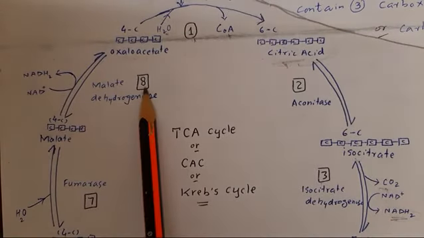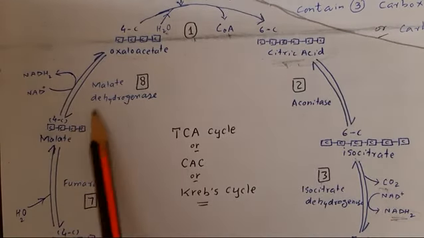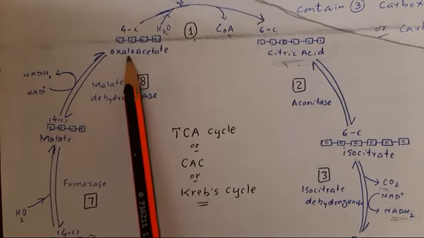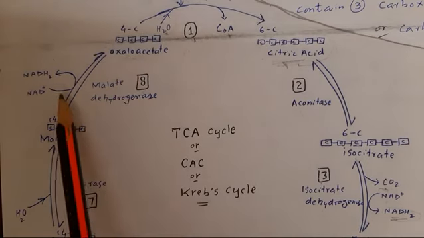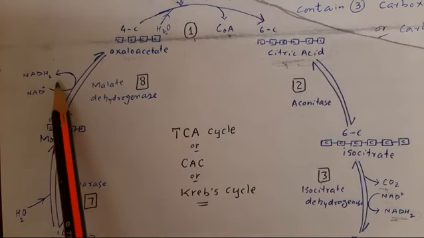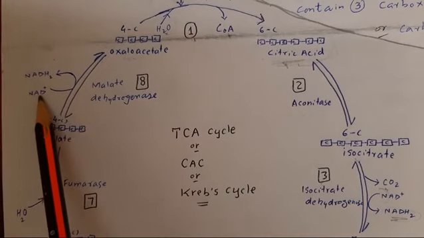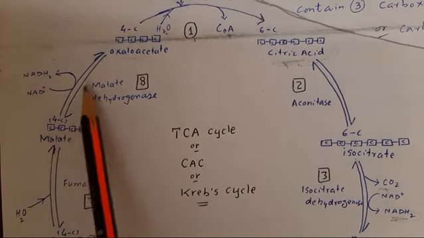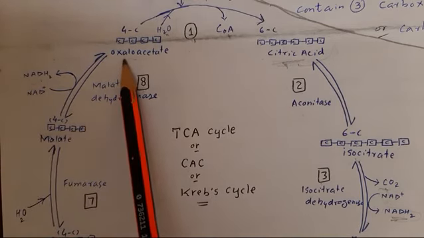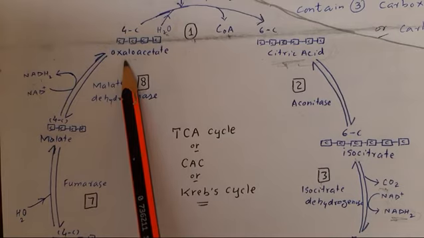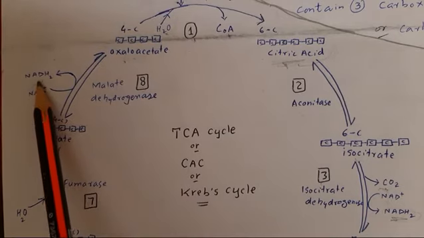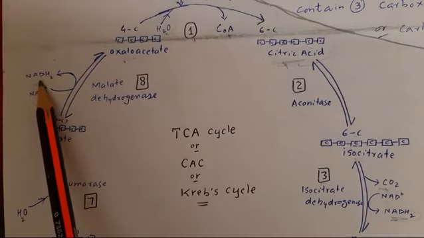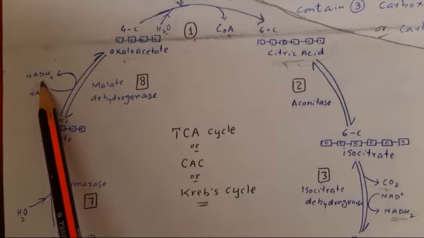In the eighth and last step, the malate is now oxidized into oxaloacetate, that is, hydrogens are removed from malate, which are taken up by oxidized NAD, which gets reduced into NADH2, and a molecule of NADH2 is produced during this step.